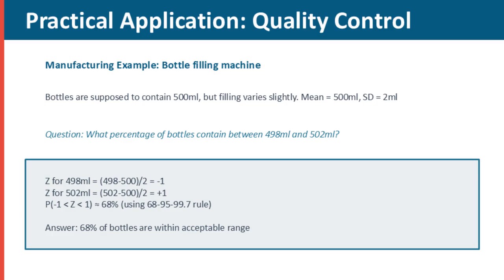So 95% of the bottles are within this range, which means only 5% are defective. This is how quality control works in practice. Understanding normal distribution and z-scores lets manufacturers make decisions without testing every single bottle of the beverage.